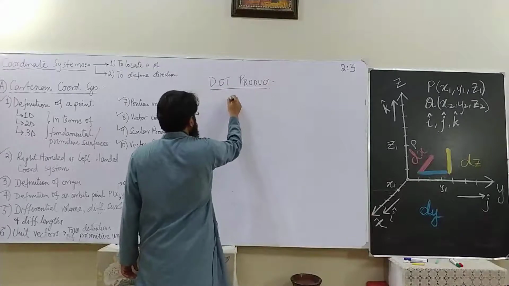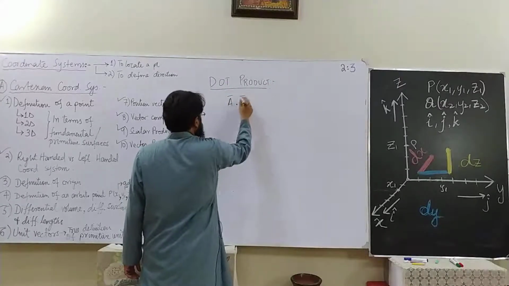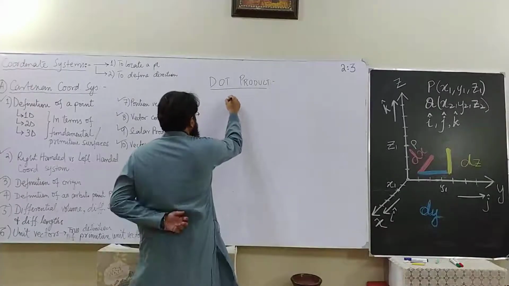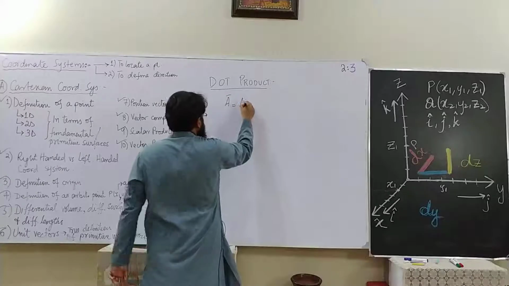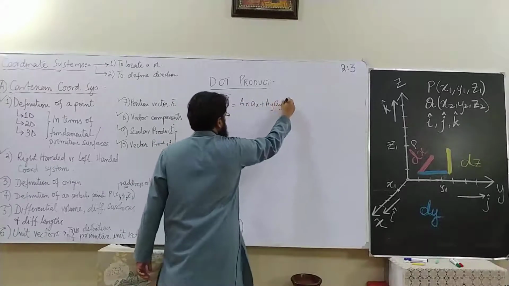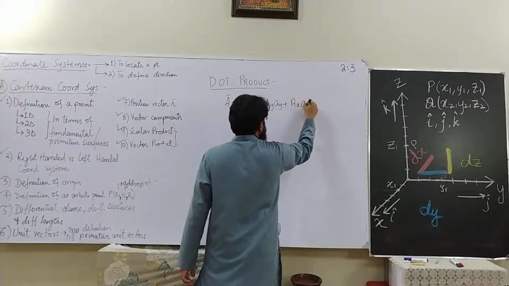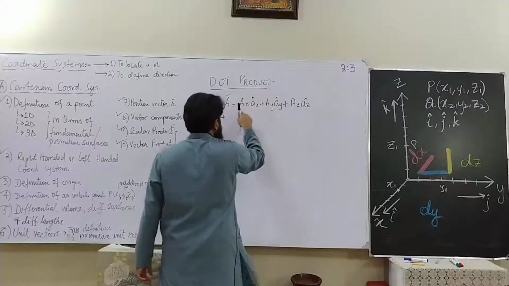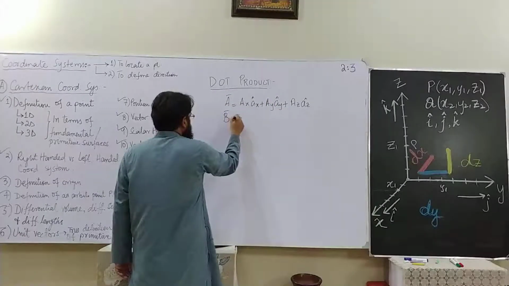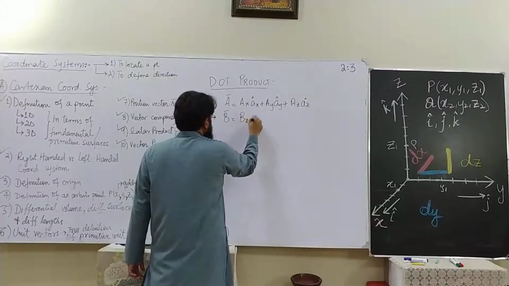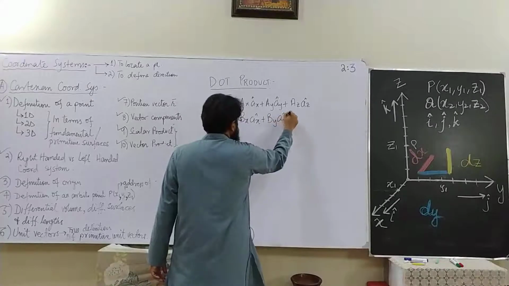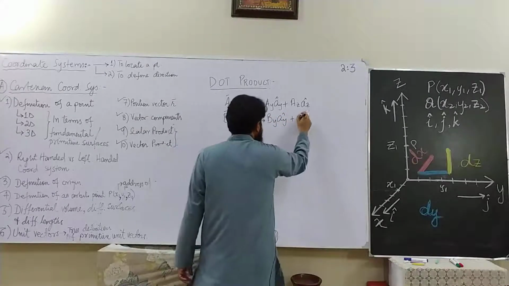If you have got two vectors A and B, okay, and you want to take the dot product of that, let's say A is written as this, Ax, Ay, in terms of its rectangular components, and if we have got another vector B who can be written in its vector component form, like this.